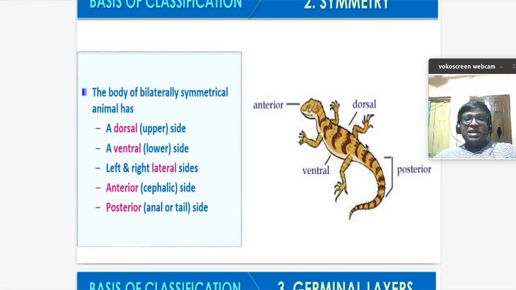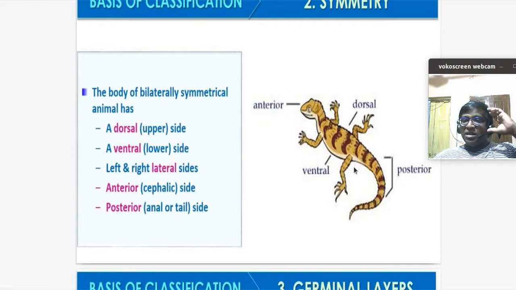So the dorsal side is the upper side in case of reptiles because they are four-legged animals. We are bipedals. So for us, the front side is the ventral and back side is the dorsal side. For the reptiles, the back side, upper side is the dorsal, lower side, the underbelly side, is the ventral side. So these are the different positions in a bilaterally symmetrical animal.